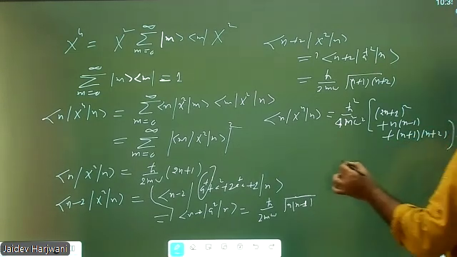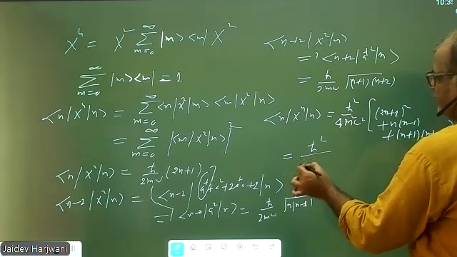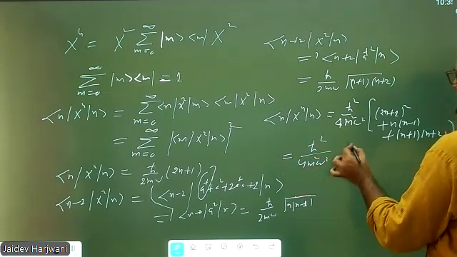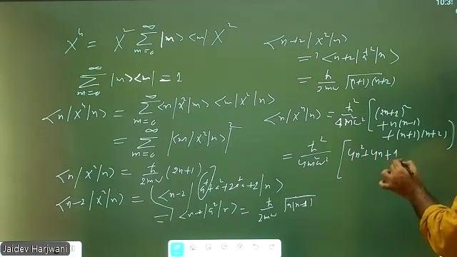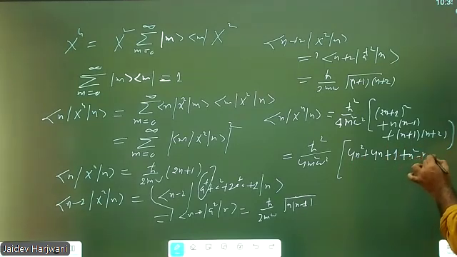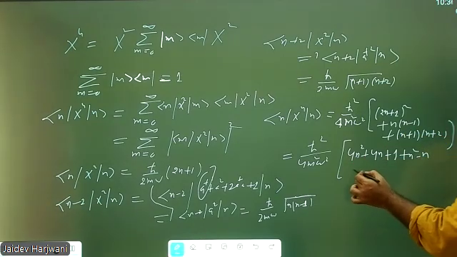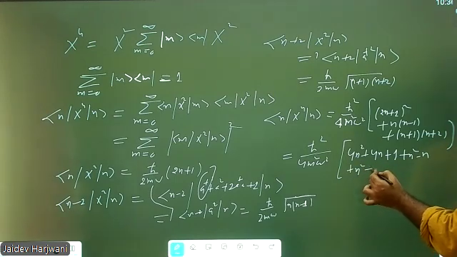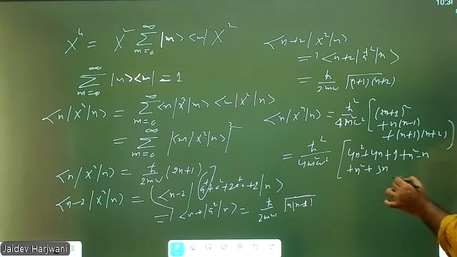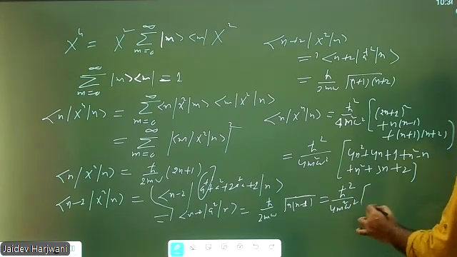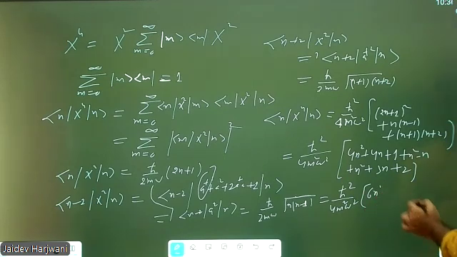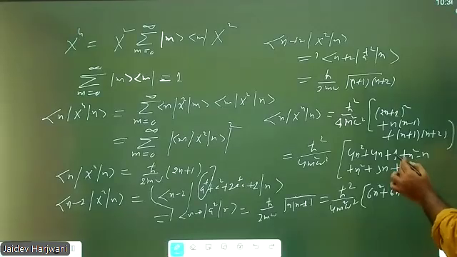If I solve this one, ħ² upon 4m²ω² times (4n² plus 4n plus 1), plus (n² minus n), and then you have (n² plus 3n plus 2). So if I solve this one, this gives me ħ² upon 4m²ω² times (6n² plus 6n plus 3).